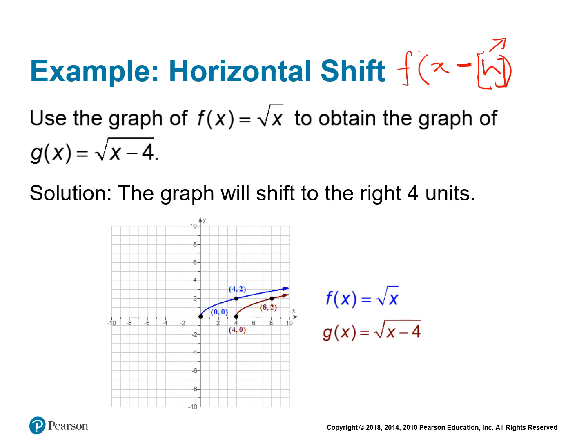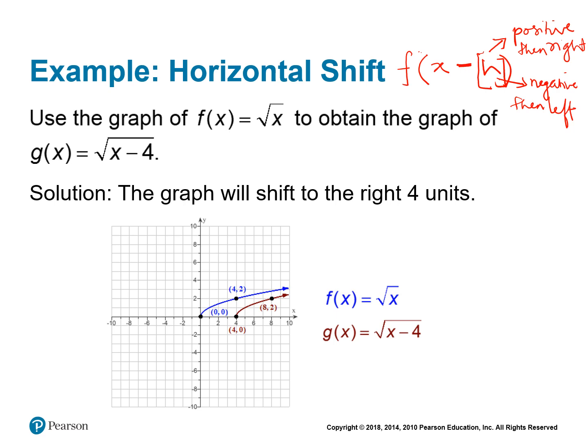So if h is a positive value, then it shifts right. Positive, then right. If h is a negative value, then it shifts left, moves left along the x-axis.